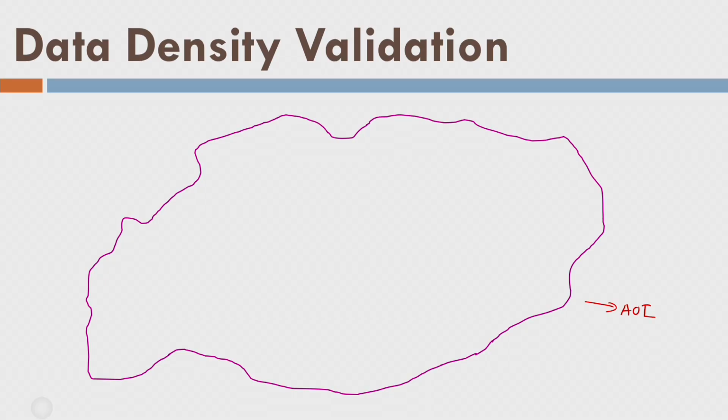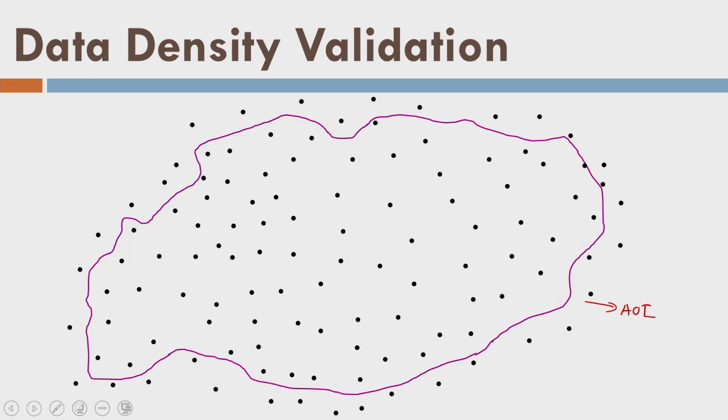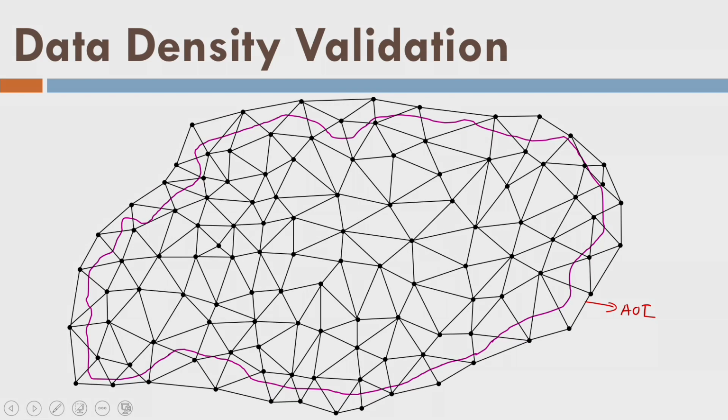What is this method? Let us say these are the lidar data points, and now we will divide these data points into triangles. What we call here is a triangular irregular network, or TIN. Now I know that each and every triangle is representing one lidar data point.